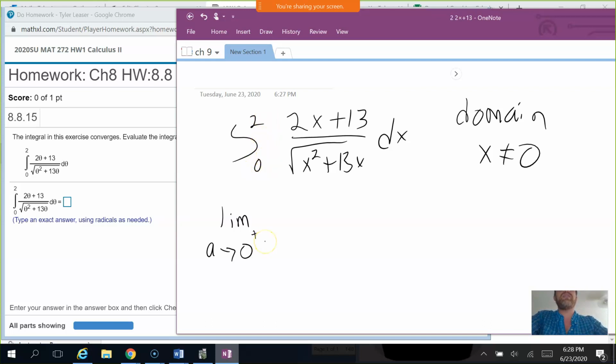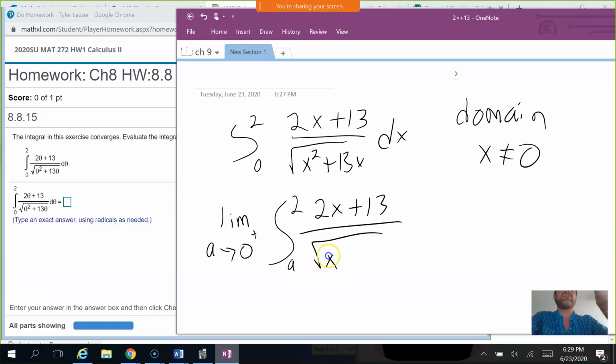Okay, and then all we do is substitute out the 0 with an a. So now it's the integral from a to 2 of the same thing, 2x plus 13 over square root x squared plus 13x.